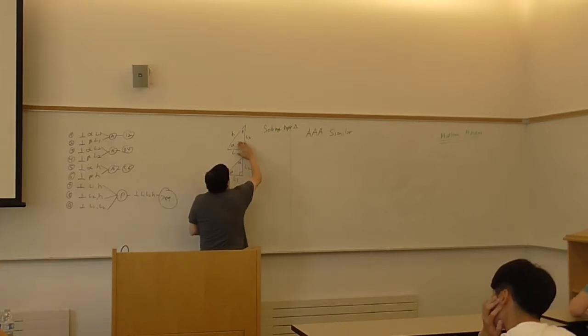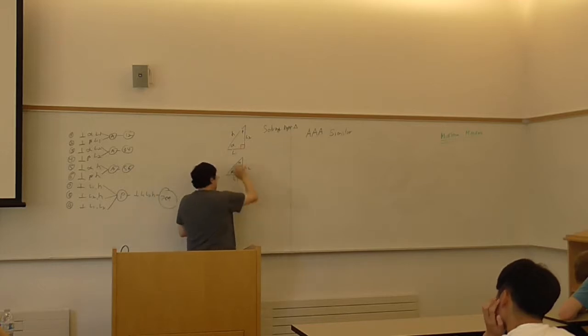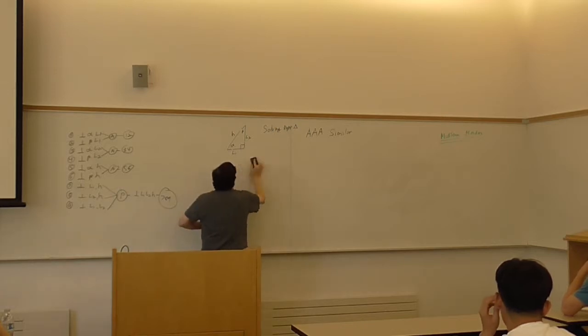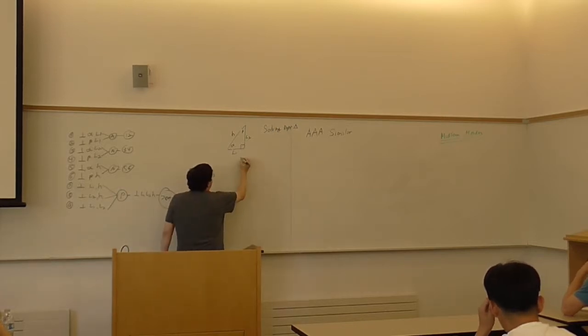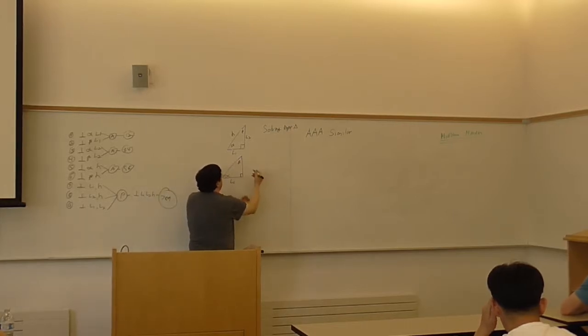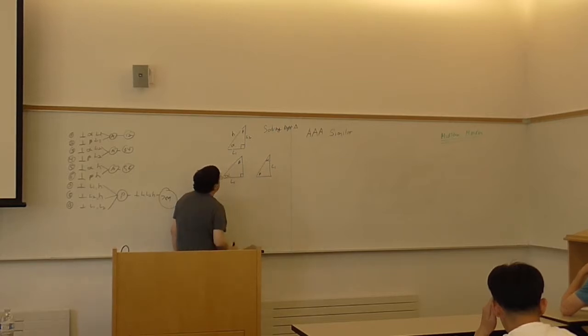I just take this, see if I can write that a little better. In this case, I know alpha, I know beta. In one case I know L1, I have my right angle. If I flip this, what does that look like? It's now alpha, beta, L1.